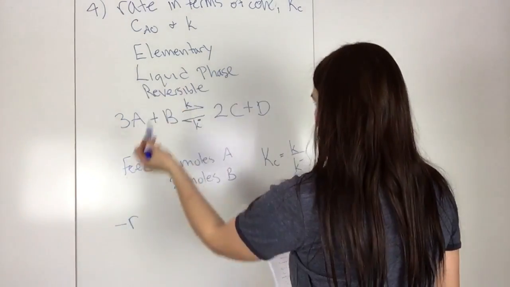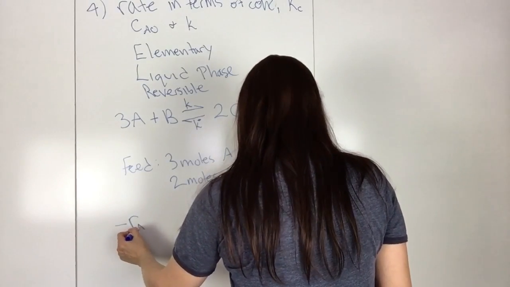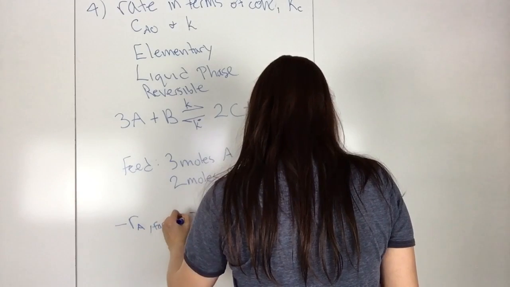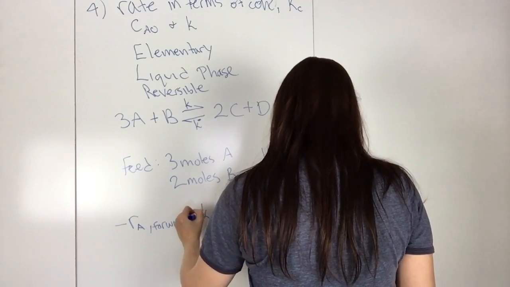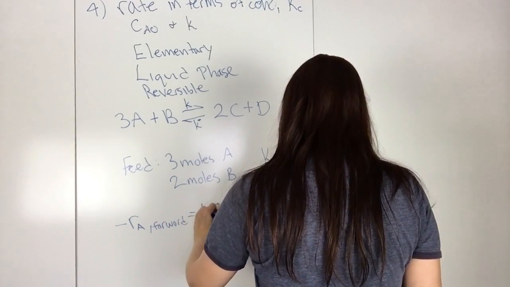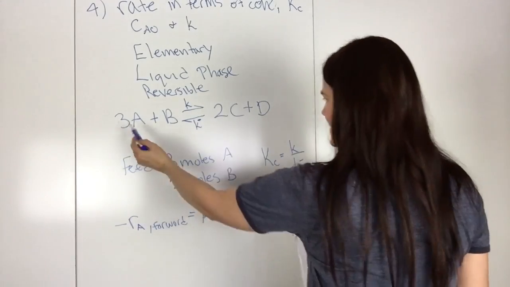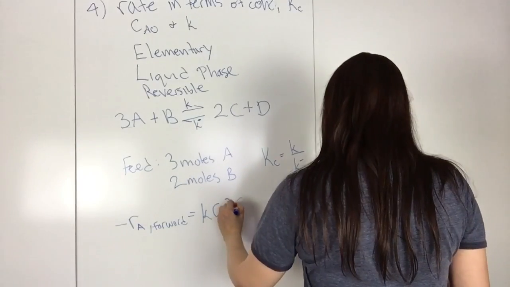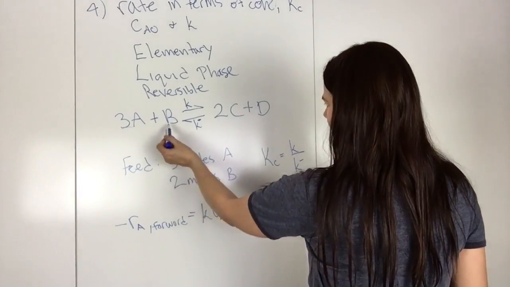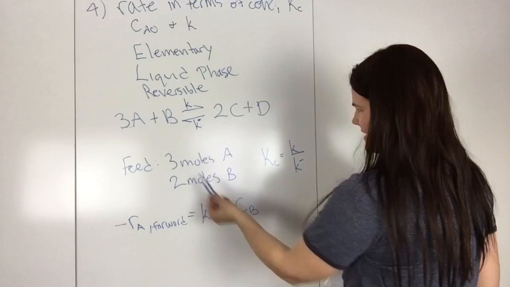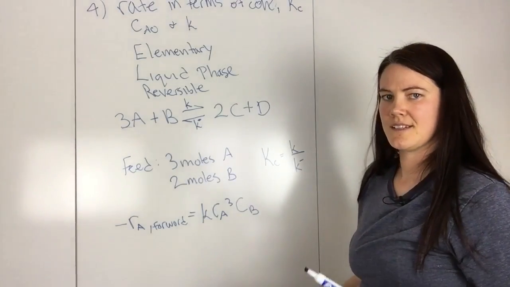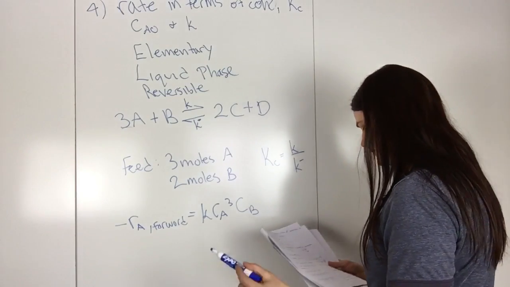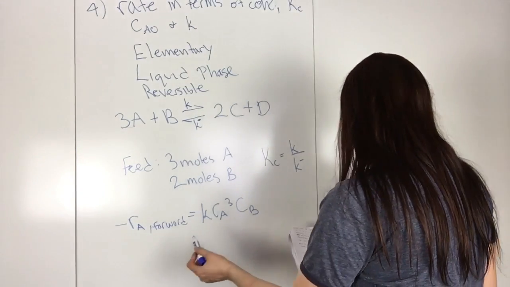Since it says it's elementary, we know that the rate forward is equal to k CA cubed, because the stoichiometric coefficient for A is 3, CB, and it's 1 for that one. And the reason why we know that's 3 and that's 1 is because it tells us that it follows the elementary rate law. So then we can write this down in reverse.